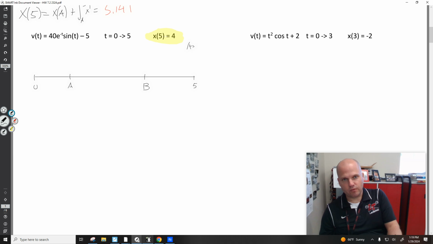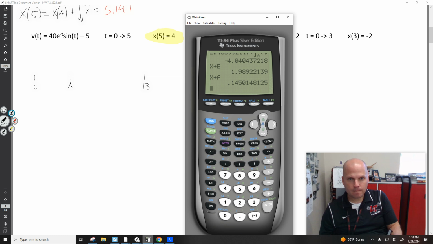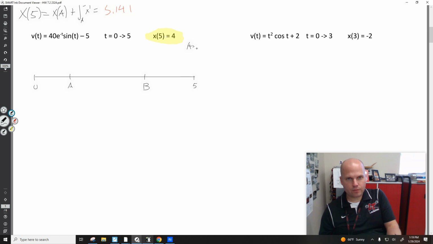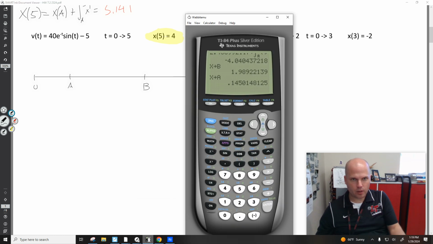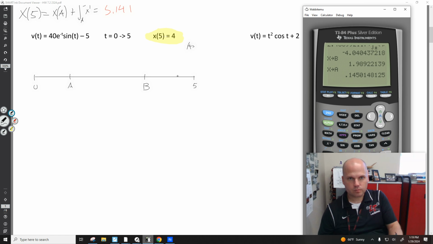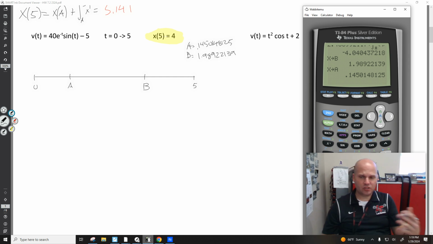This is so important for your quiz and your test. 0.145. I can have this up while I'm writing, so I should use it. We want to use that entire decimal. In math, we like to be as accurate as possible, which means use all the decimals provided until we get the final answer.